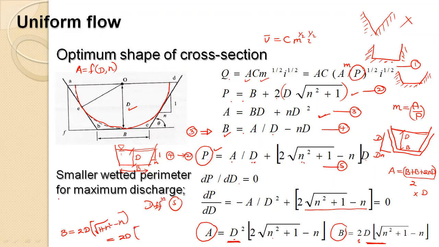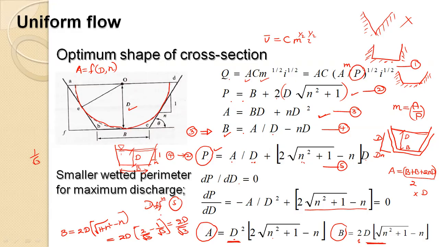N is 1 over square root of 3. So it would be 1 over 3, so it would become 4 over 3. 4 over 3 means 2 over square root of 3. And minus N would be 1 over square root of 3. And then this would become 2D divided by square root of 3.